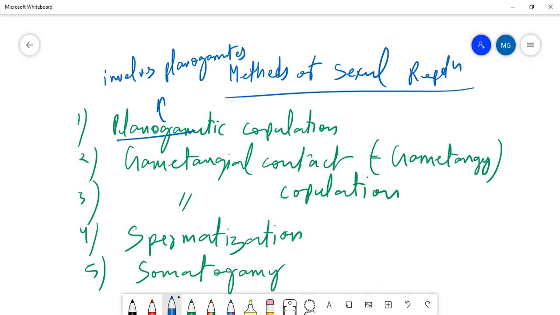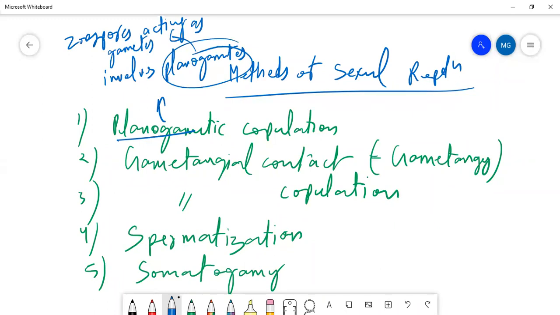Zoospores are also called planospores. So what are planogametes? The name itself is very clear: zoospores acting as gametes. What are planogametes? Zoospores which act as gametes. We call them planogametes.